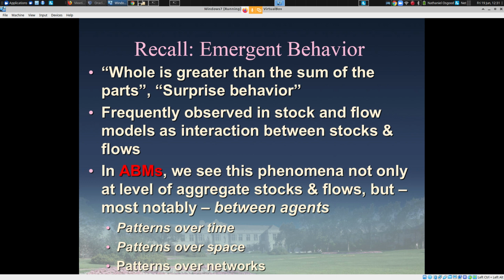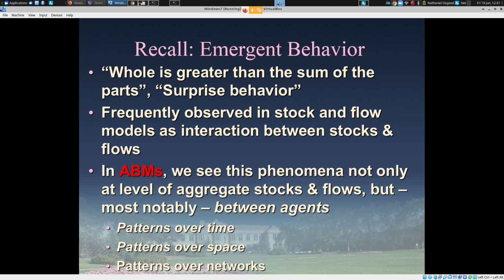Recall that agent-based modeling is a type of system science technique, a type of dynamic modeling. As such, these models often exhibit emergent behavior, and within this emergent behavior, the whole is often greater than the sum of the parts.